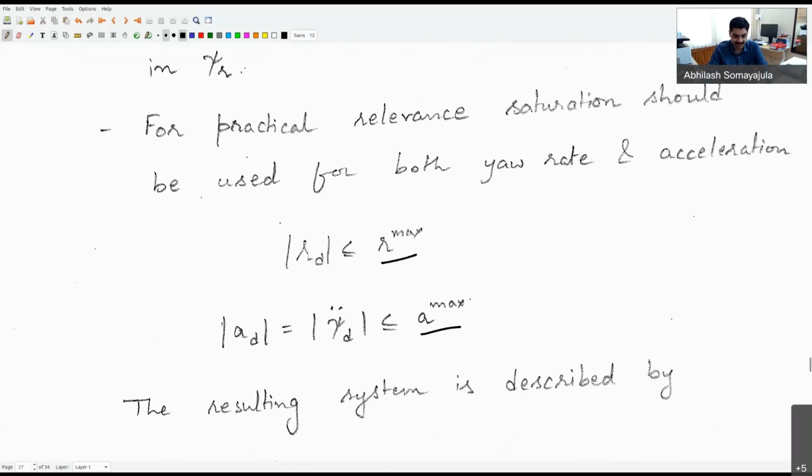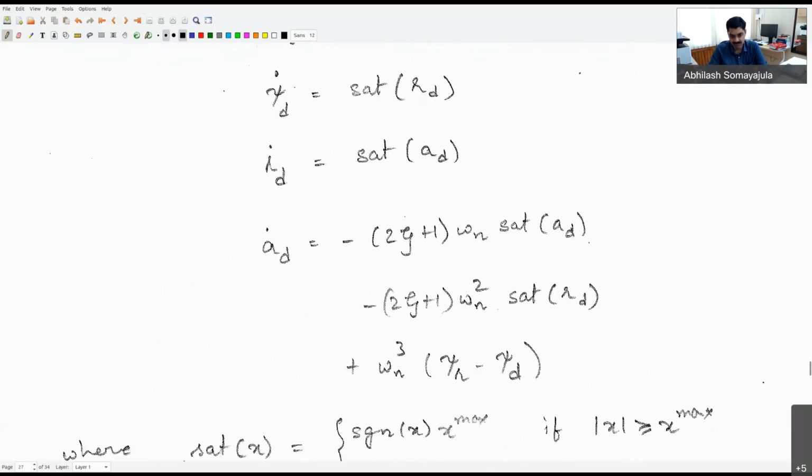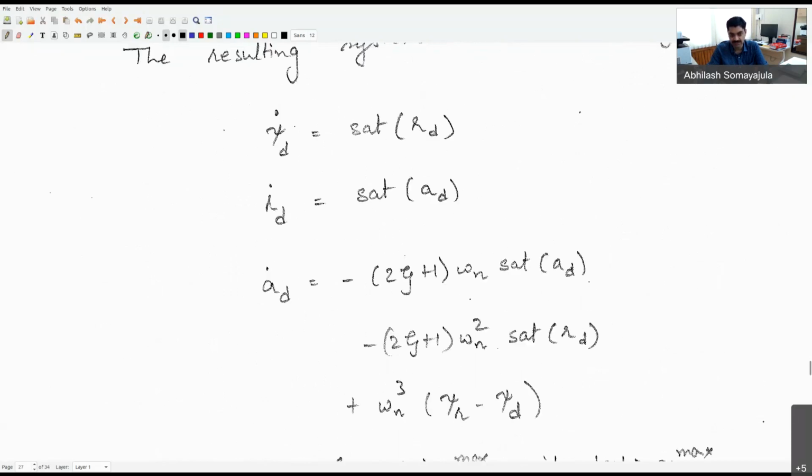So the resulting third order system can be described as shown here. We have psi d dot is equal to saturated value of RD, RD dot is saturated value of AD, and AD dot is given by the actual third order system which you are seeing here. That is the differential equation which is governing our system.